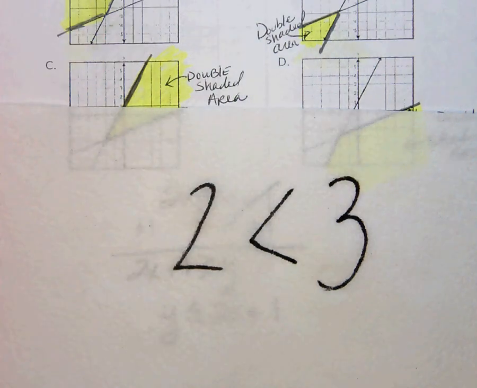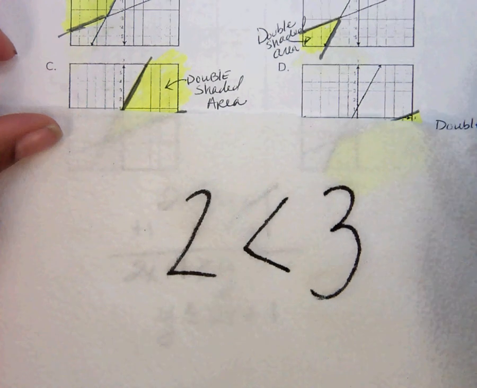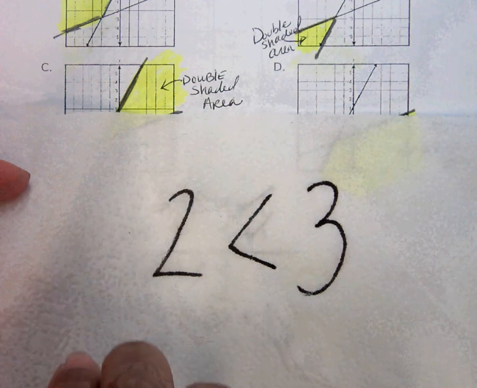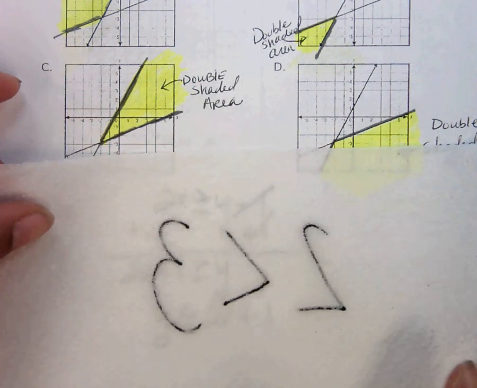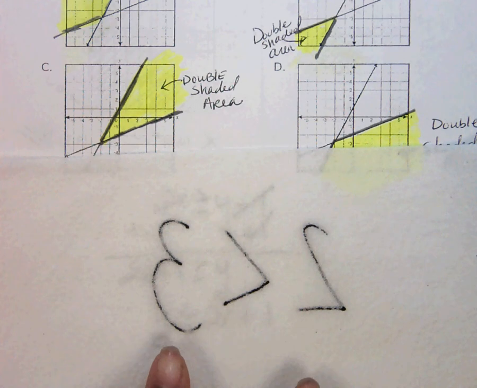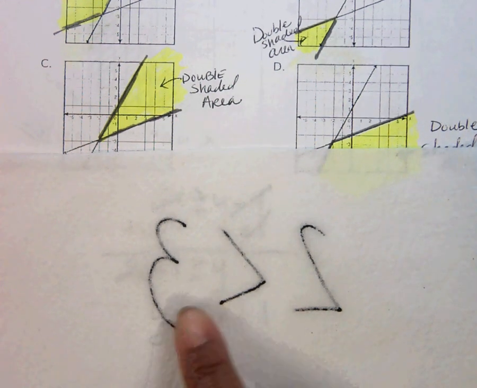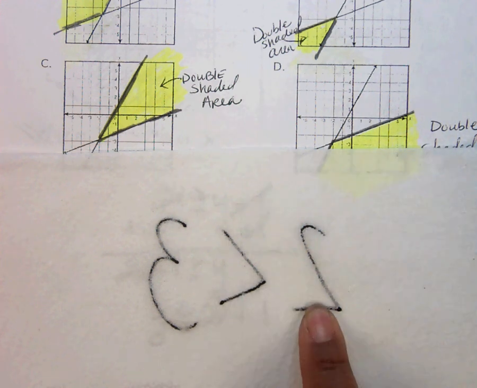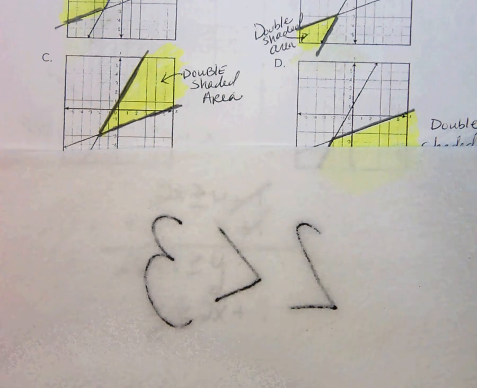Okay? Now watch this. Same paper. This is not a trick. It's just the way it happens. I'm going to flip it over. Now, even though this is written backwards, 3 is what? Greater than what? 2. The sign flipped when you change the order of the information.